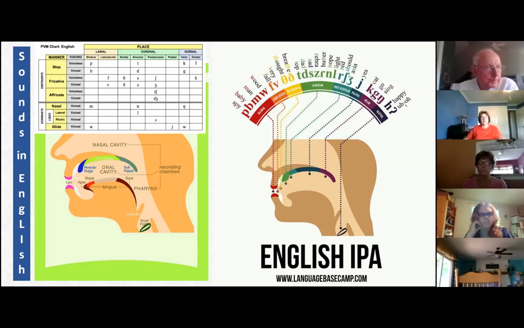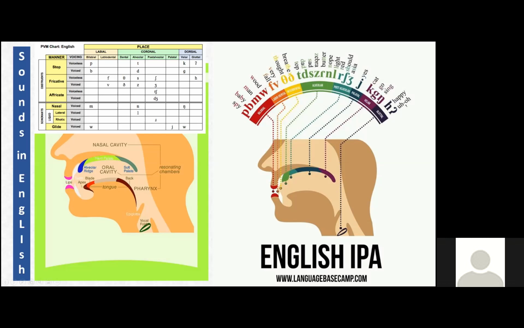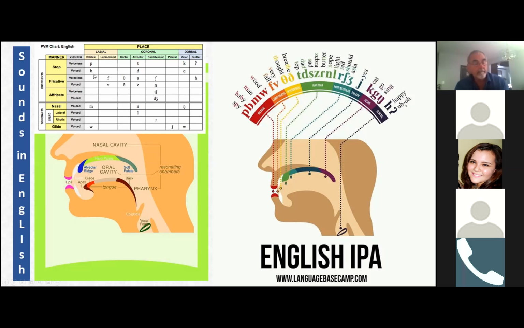So when you say p and you put your hand here, there's no vibration. P, p. But when you say b, b, there's a vibration. So it's really important for them to understand the difference between these two, p, b. We call these minimal pairs. In other words, your mouth doesn't move, but the sound is just a little bit different based on the voicing.